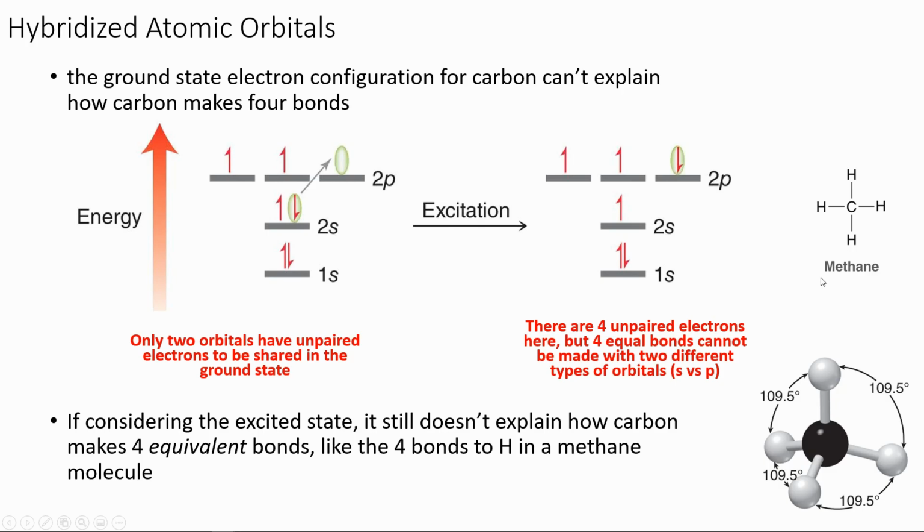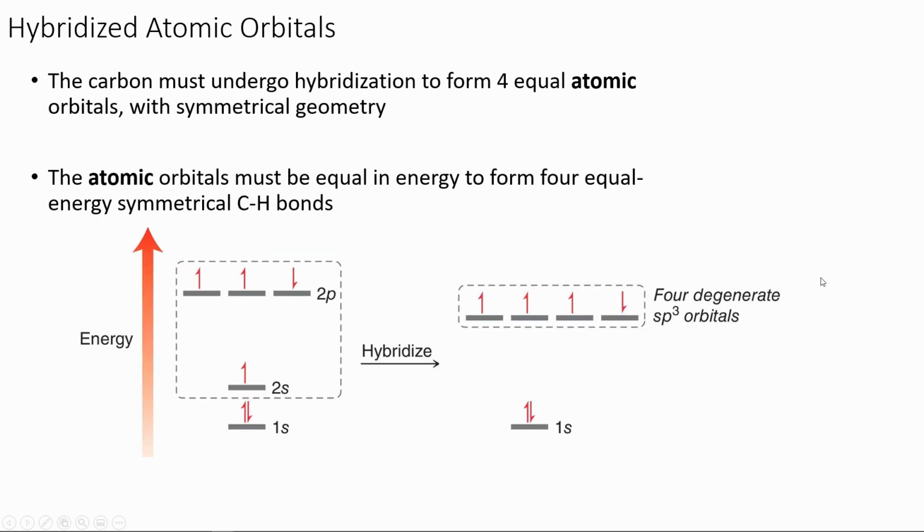So the way that we're going to be able to do this is by making hybrid orbitals. And so if we take our 4 orbitals, our 2s orbital and our 3 2p orbitals, and we average them all out, we can get 4 degenerate, or equal in energy, sp3 orbitals.